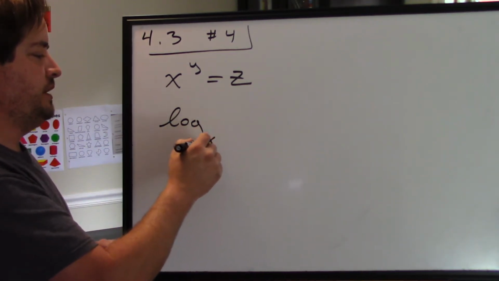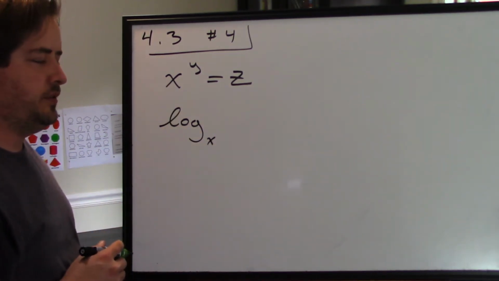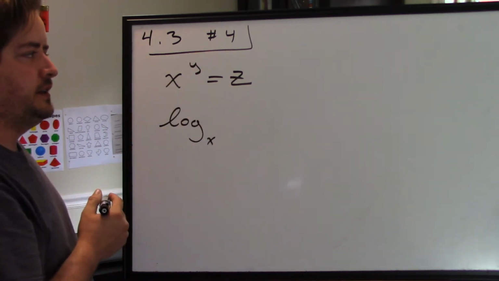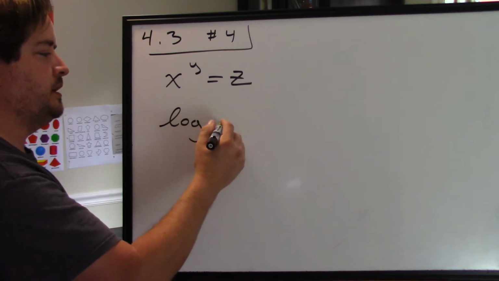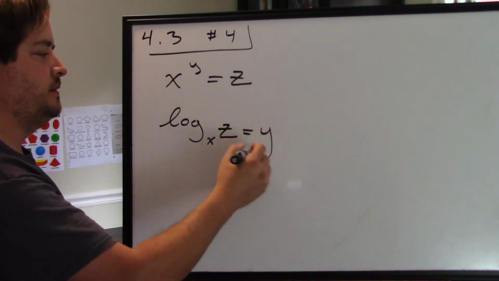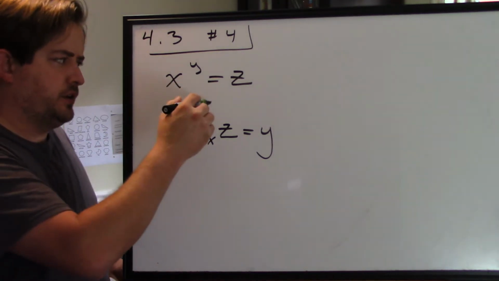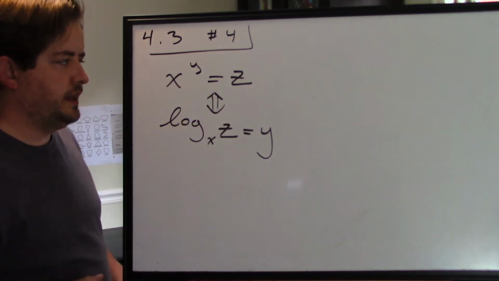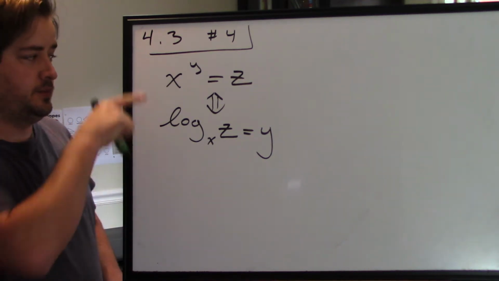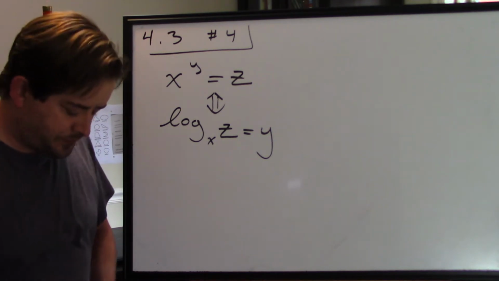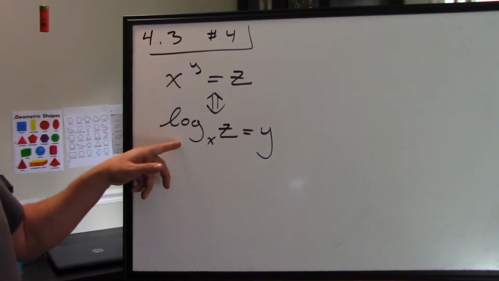The base is written as a subscript down below everything else. And then the y and z switch places over that equal sign, so it becomes log base x of z equals y. These two are equivalent statements. It's important to note that that's how you go back and forth between an exponential function and a logarithmic function. And in fact, that's the answer to number 4.